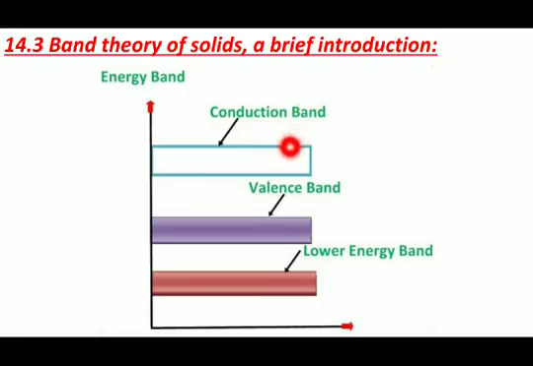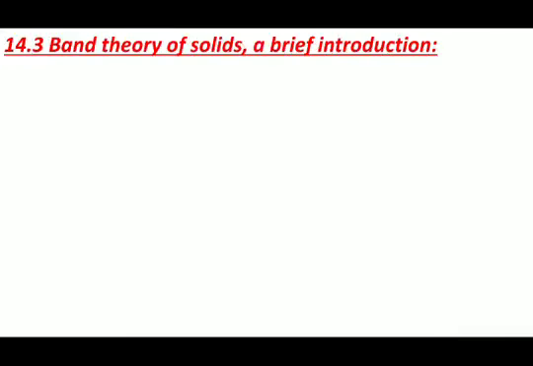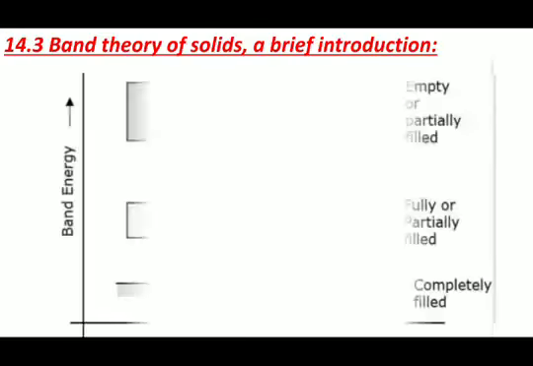If the lowest level in the conduction band happens to be lower than the highest level of the valence band, the electron from the valence band can easily move into the conduction band.